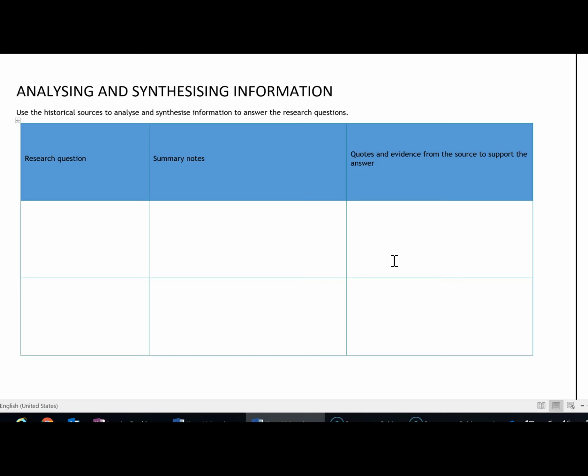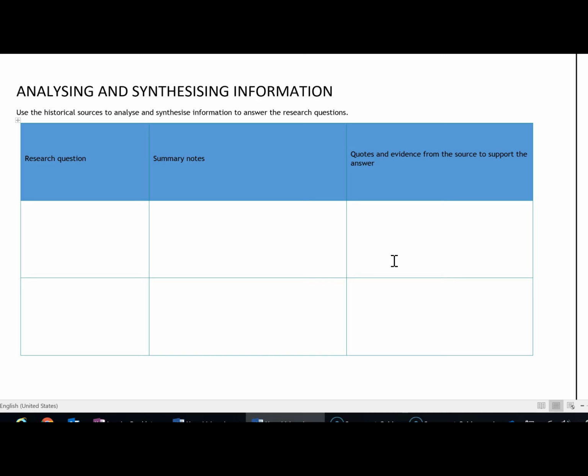They will combine then to form a plan to answer the overall question. It's not a matter of if you produce more, you'll get a higher mark. That's not the case at all. It's a matter of being concise and clear and linking those sources to your question and actually engaging with the process.